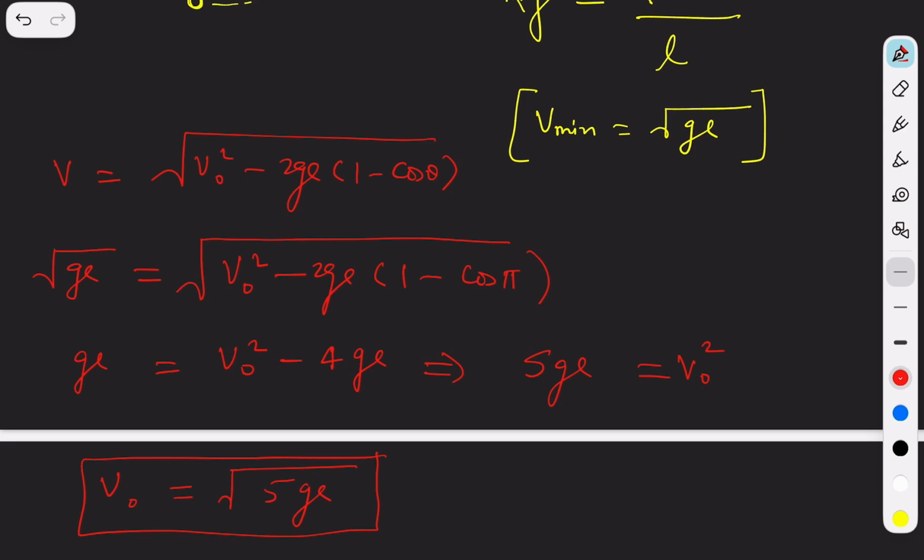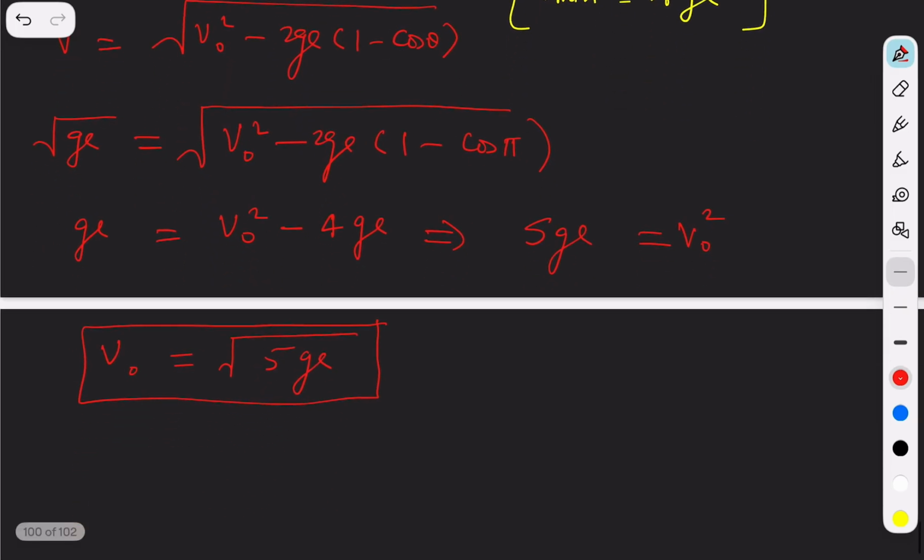If velocity is more than that, it can do the full circle of course, but in that case the tension at the topmost point will not be zero, it will be more than zero. So this is the first thing that we wanted to discuss: how much velocity we need so that it can do the full circle.